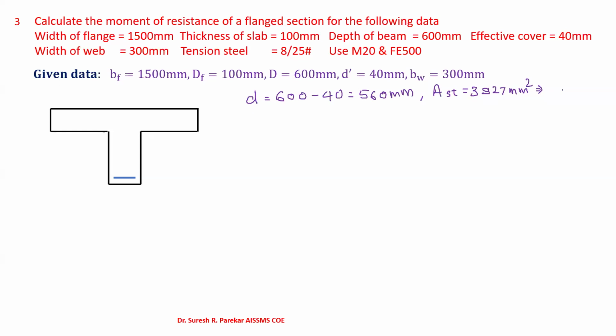This is 8 bars of pi by 4 into 25 square. Then FCK is given 20 MPa and Fy is 500.